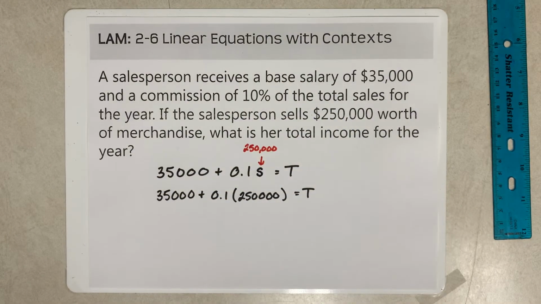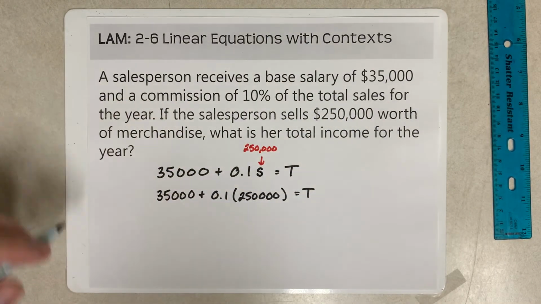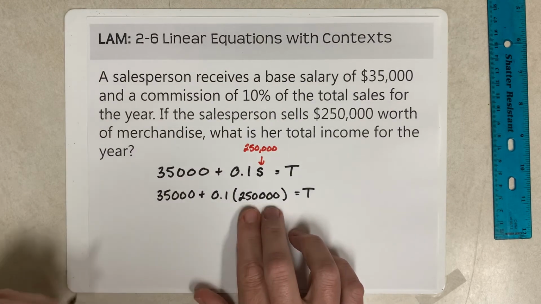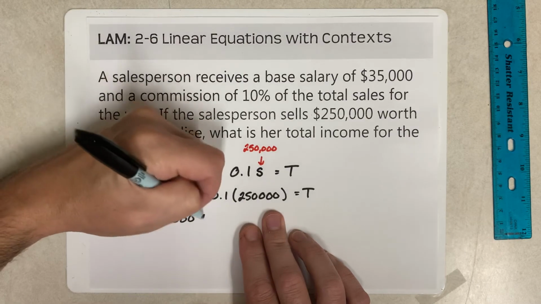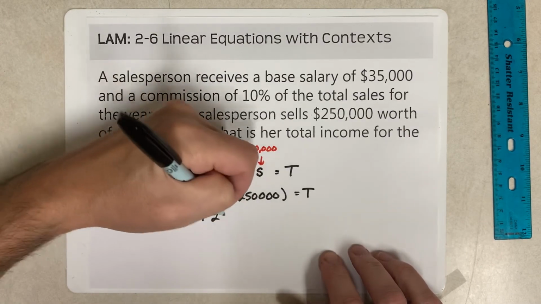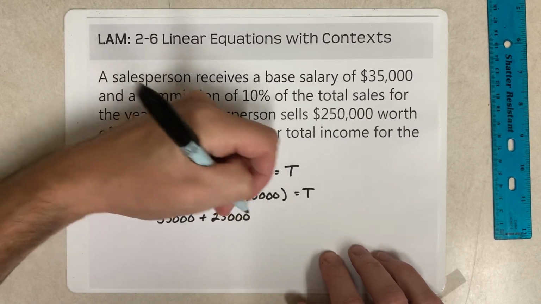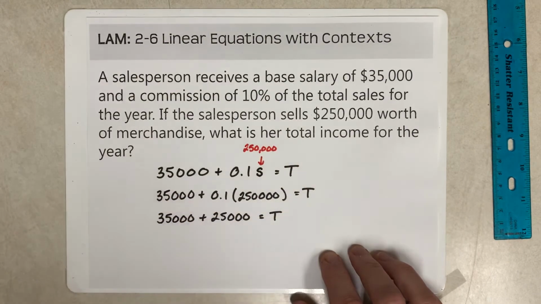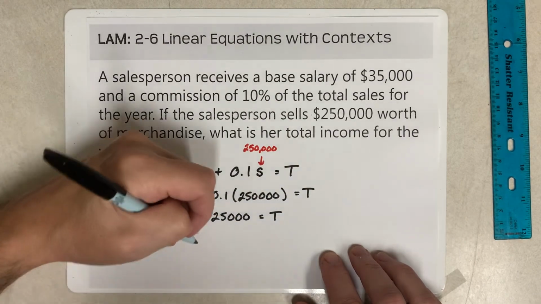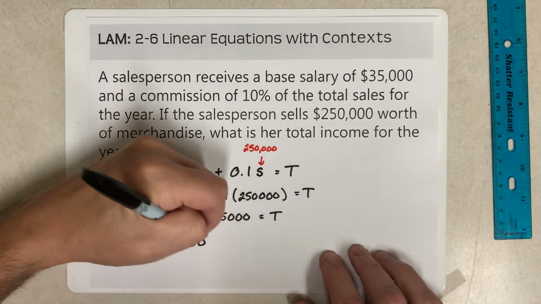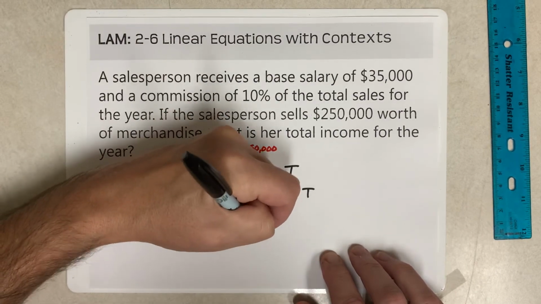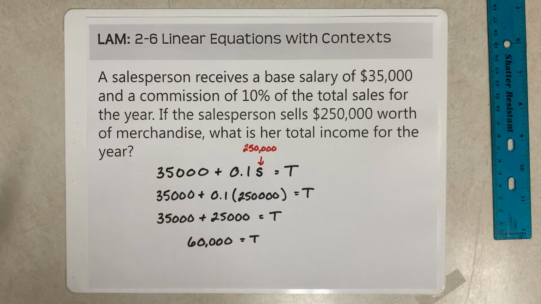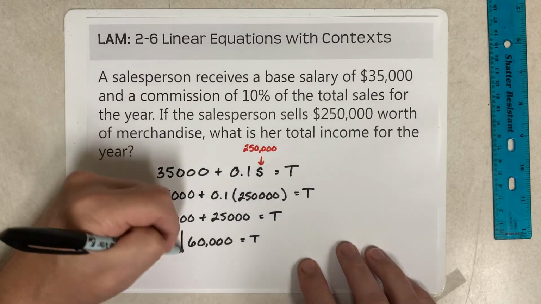All right, so we need 0.1 times 250,000. That just means we move the decimal place over one place. So 35,000 plus 25,000 is the total, and 35,000 plus 25,000 would be 60,000. And that's the total amount of income that person's going to have for the year.